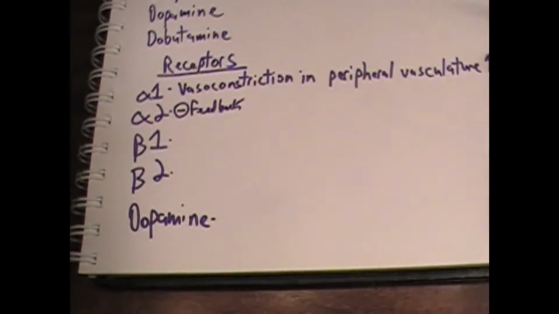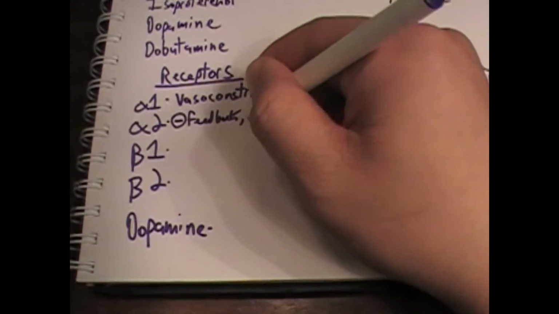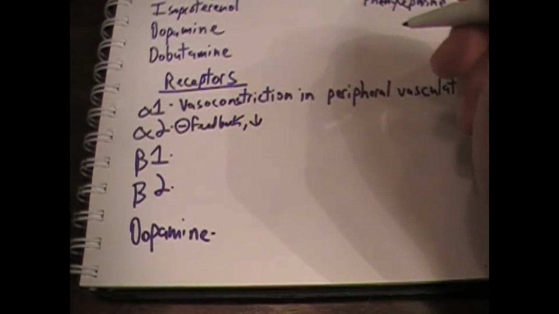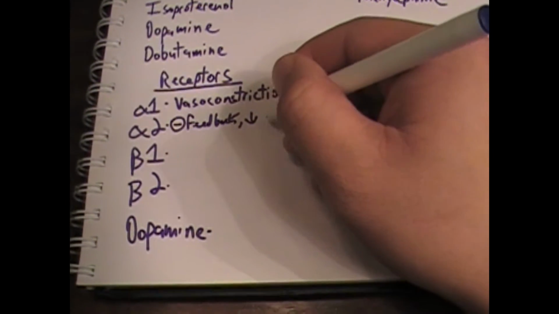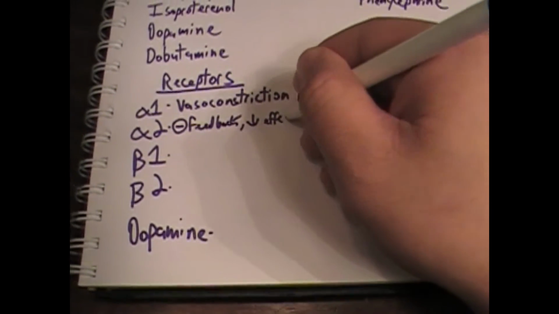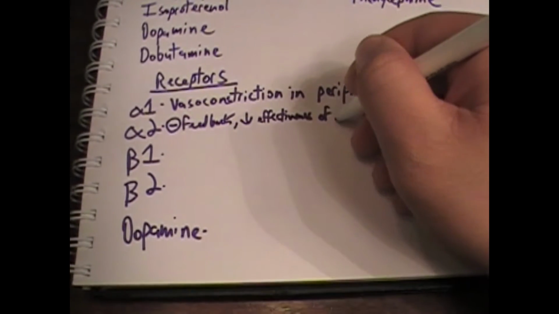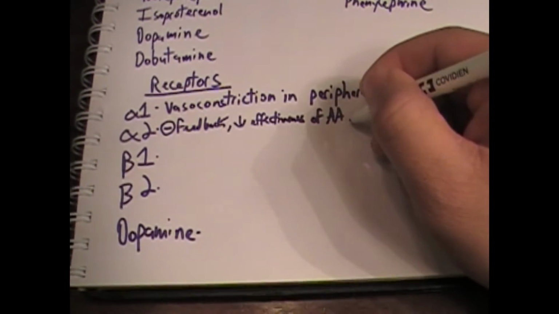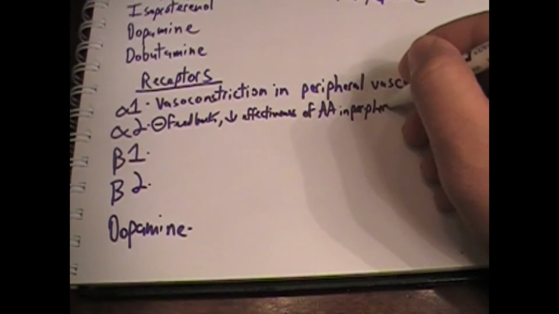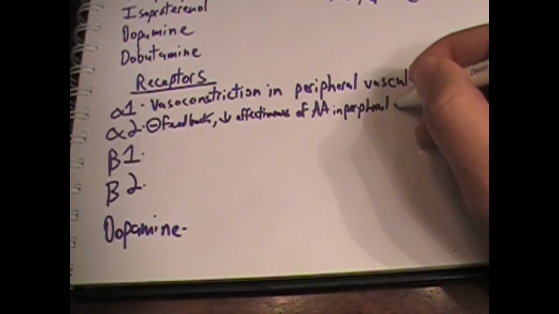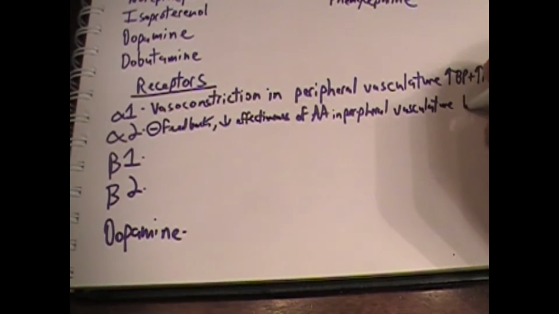Now, alpha 2 receptors do a lot of different things, but for the most part, when it comes to ICU nursing, you'll have to understand that there's a negative feedback. So it decreases the effectiveness of adrenergic agonists in the peripheral vasculature, thus decreasing blood pressure.